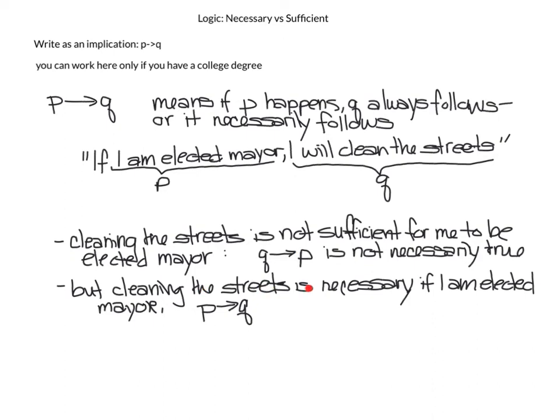But cleaning the streets is necessary if I'm elected mayor because I've made this promise. If I'm elected mayor, I will clean the streets. So just to let you know, from this example, we know that the Q part is the necessary thing that follows P. So Q is necessary for P.